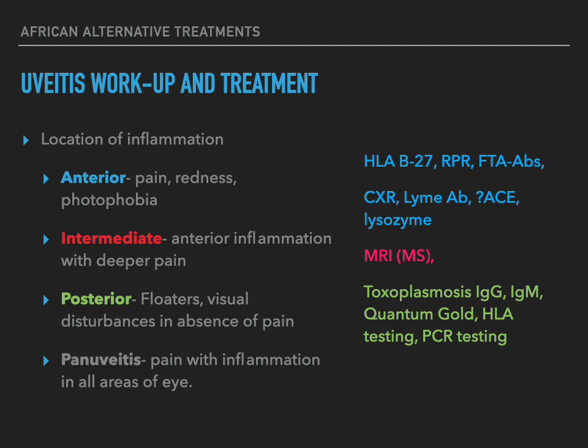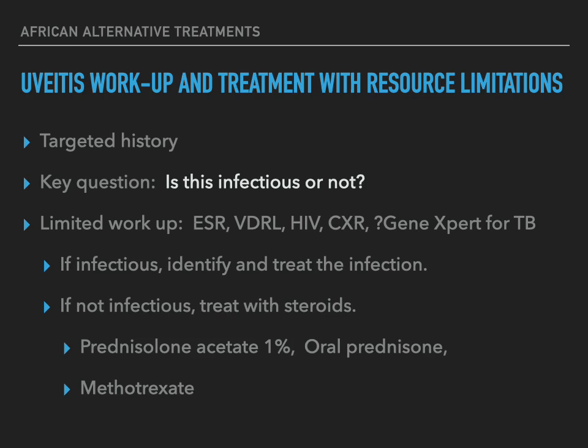Uveitis is often categorized according to the location of inflammation, which also helps to direct laboratory workup. But in a resource-limited environment, we are limited on the labs available to us. So we rely on a targeted history with this big question in mind. Is this infectious or not?